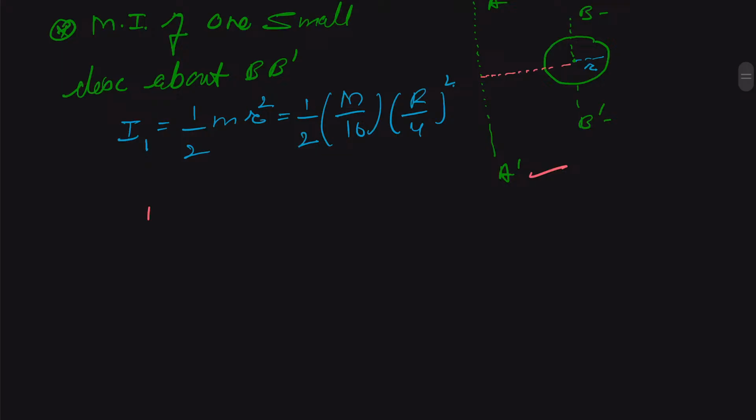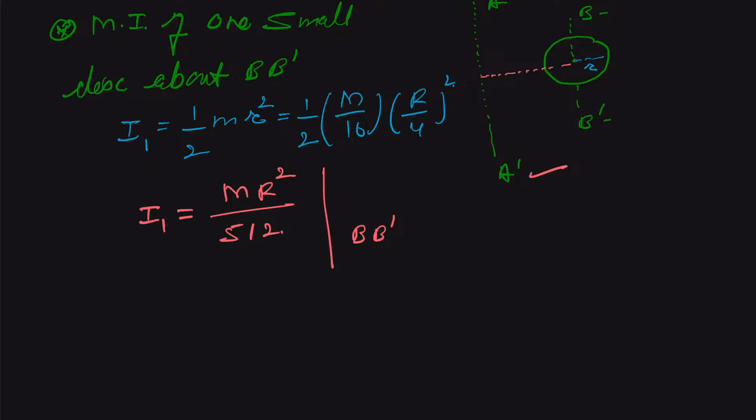Therefore we get I1 equal to m r square upon 512. So we found the moment of inertia about the axis b prime.